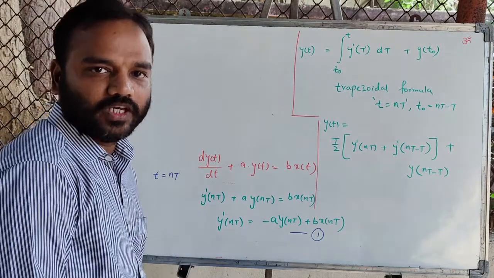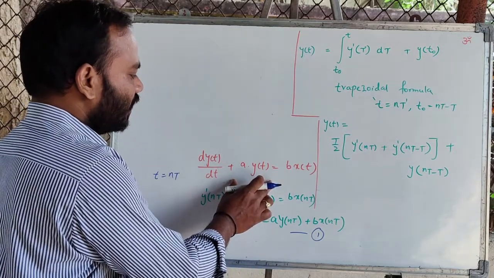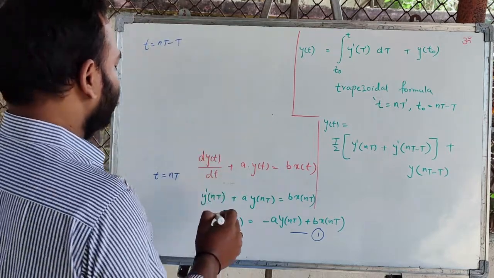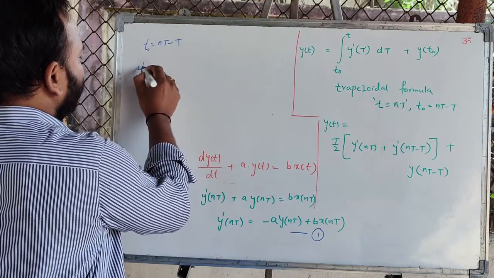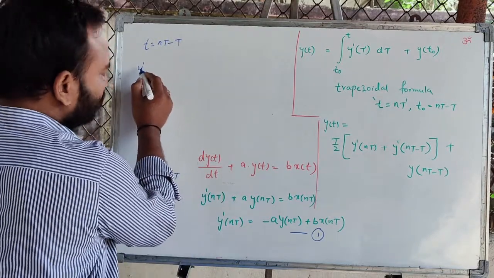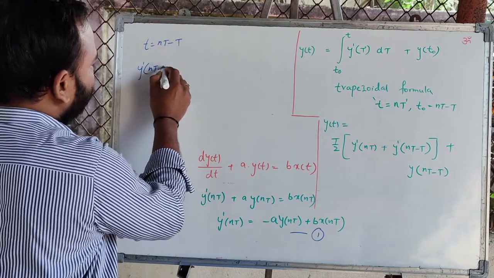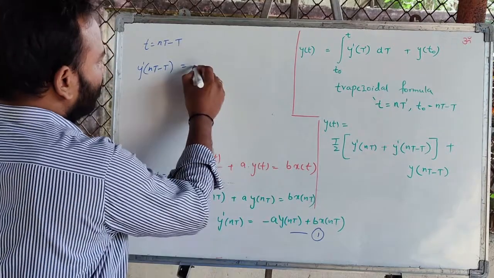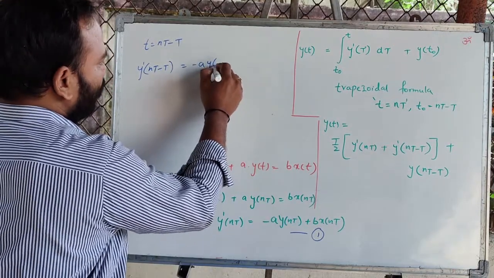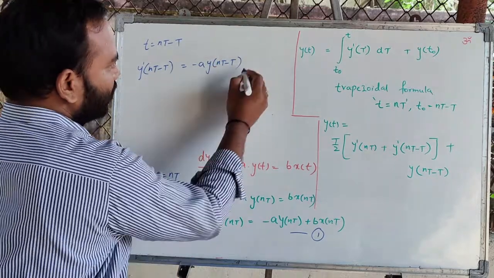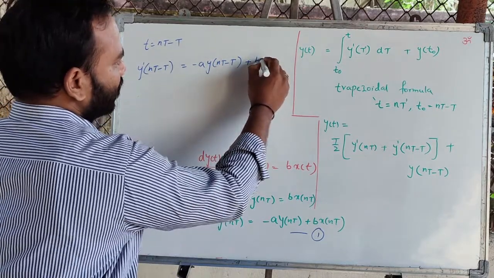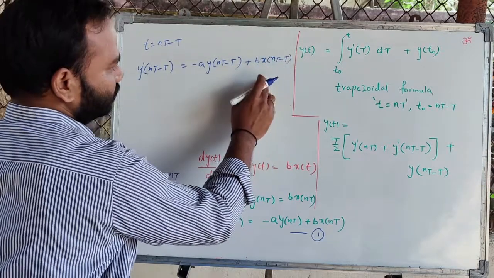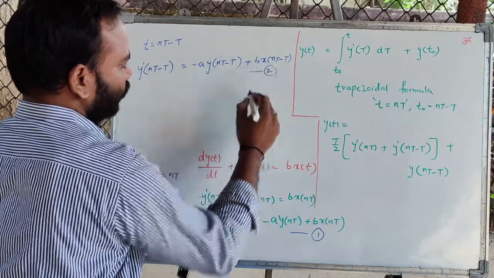Next, we will evaluate the same differential equation at t is equal to nT minus T. Thereby, y dash of nT minus T is equal to minus a y of nT minus T plus b times x of nT minus T. So this is equation 2.